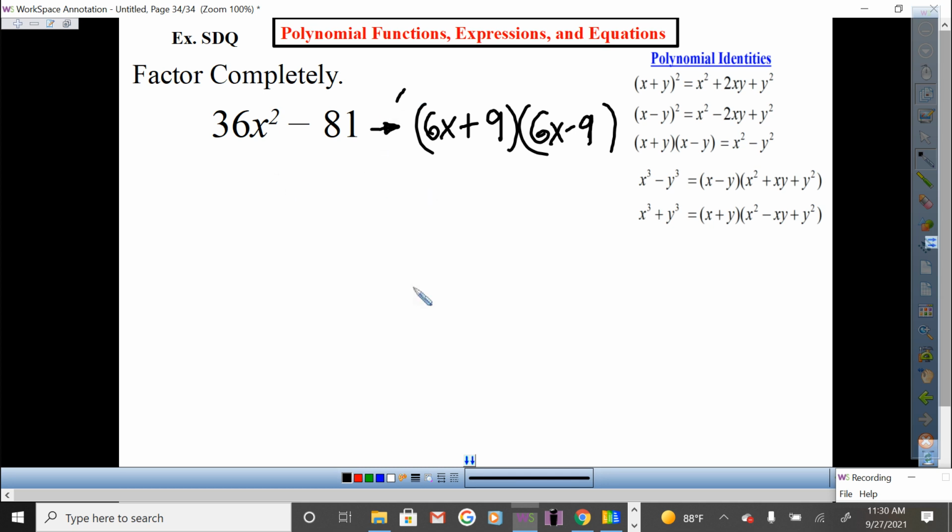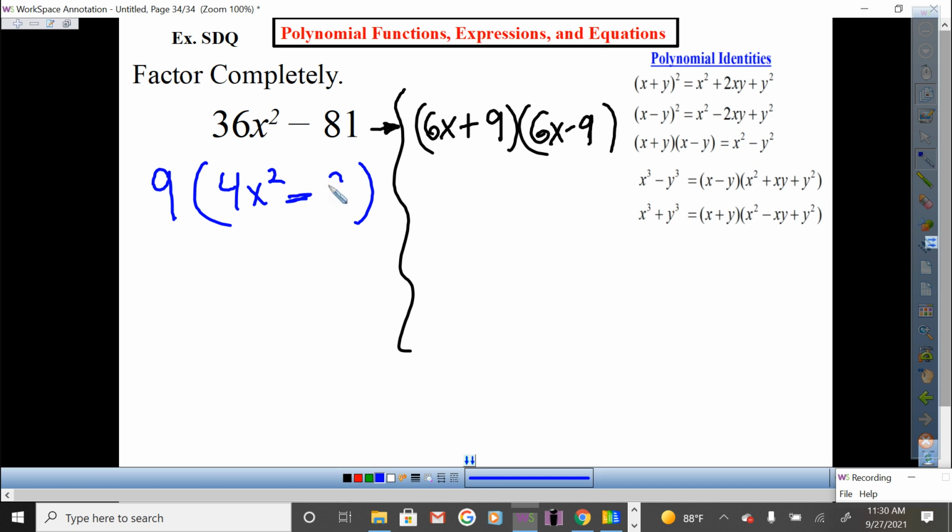Now, I'm going to leave that on the side for this. That's fine so far. Question. What is GCF between 36 and 81? 9. All right, so 36 divided by 9, that's 4x squared. Minus, what is 81 divided by 9? 9.